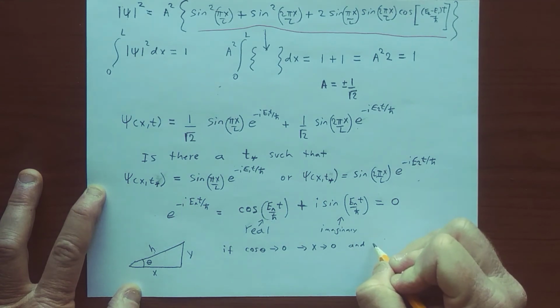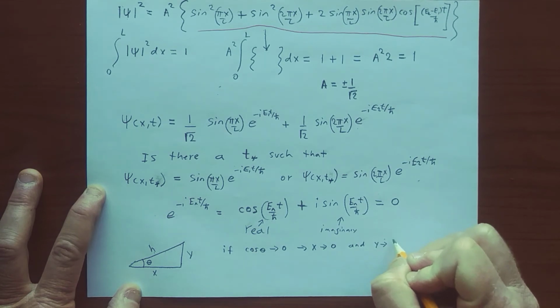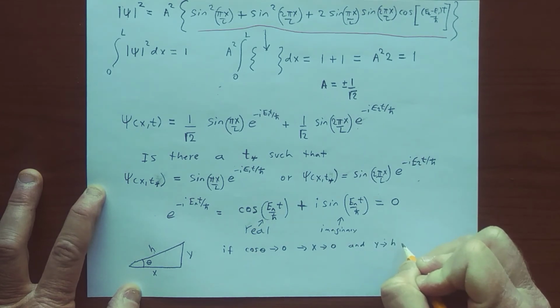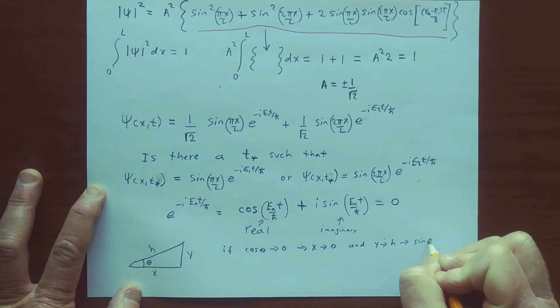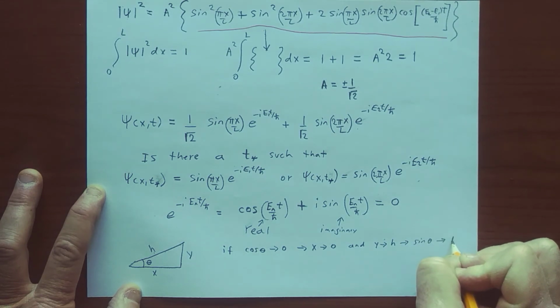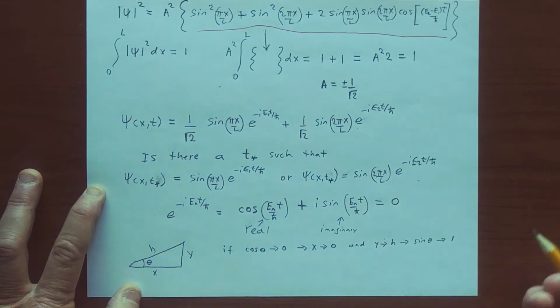So x goes to 0, and therefore y becomes h. And so we get that the sine of theta goes to 1, right? If we went to minus 90, then the sine of theta would be negative 1. So that doesn't look like we can do it.